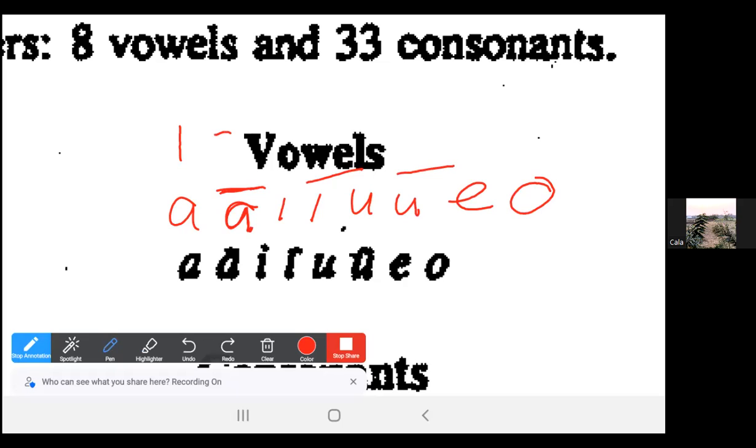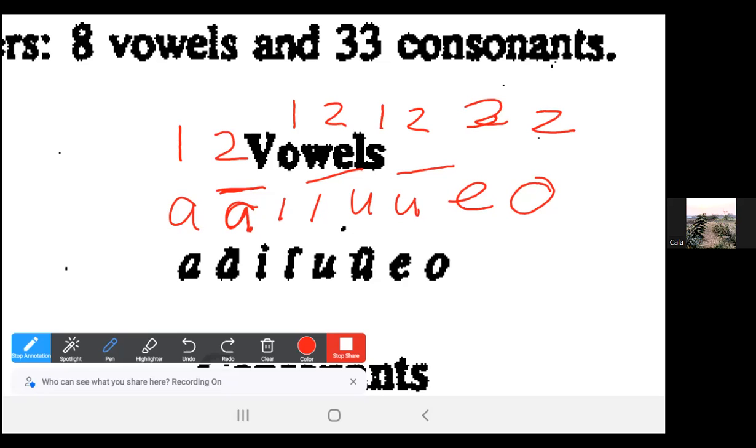This is what we call two timing. Okay. You can see the timing is different. Short A is one timing. Long A is two timing. Short U is one timing. Long U is two timing. E and O are also two timing. Okay.